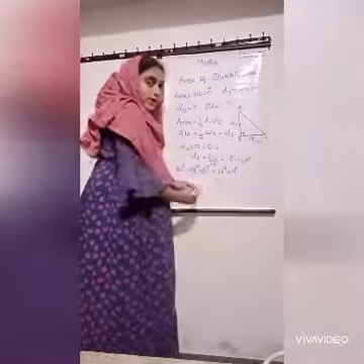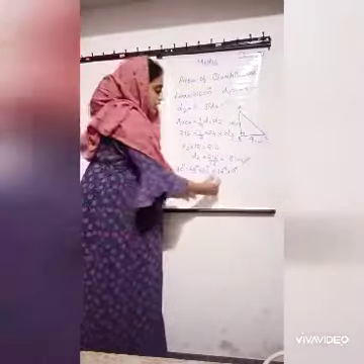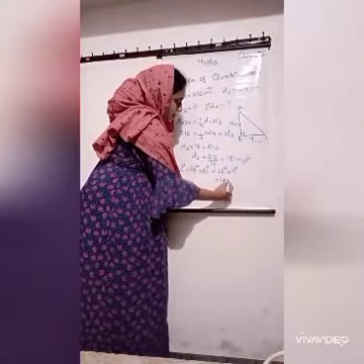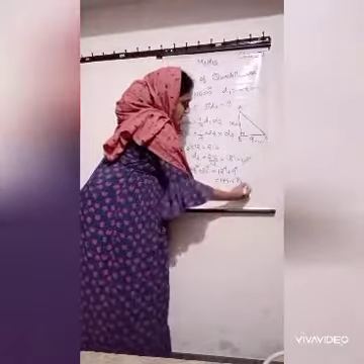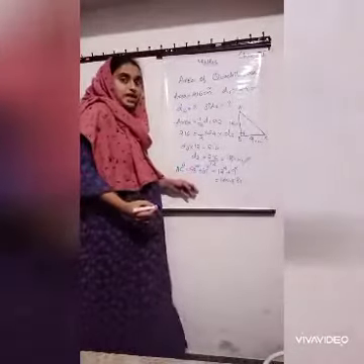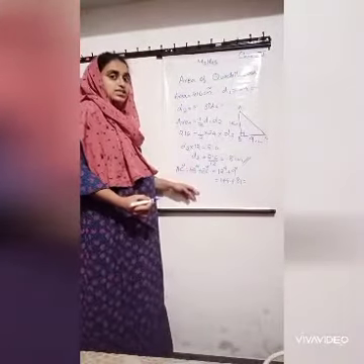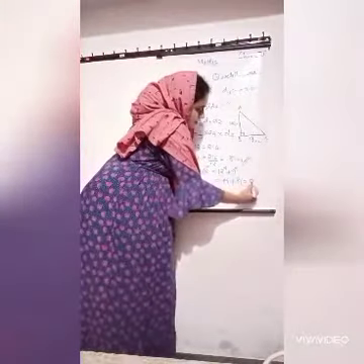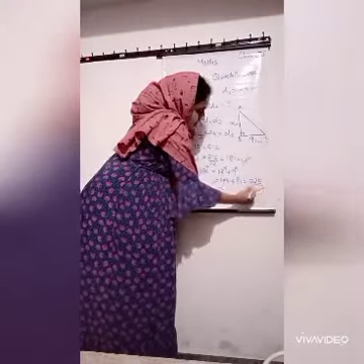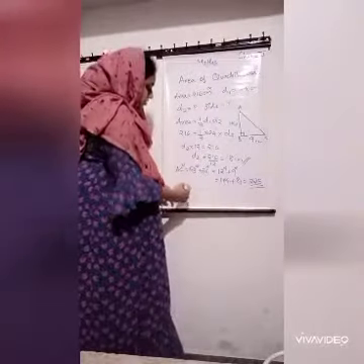What is 12 square? 144. What is 9 square? Very good, 81. That is equal to, what is the answer? Just calculate and find the answer. Yes, very good, students. 225. So what do we get?